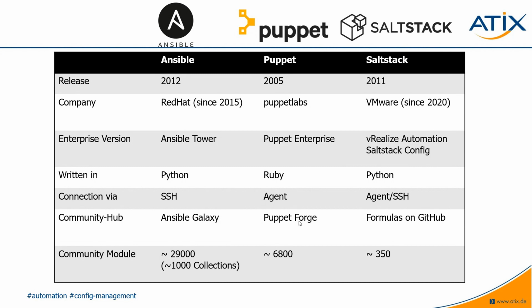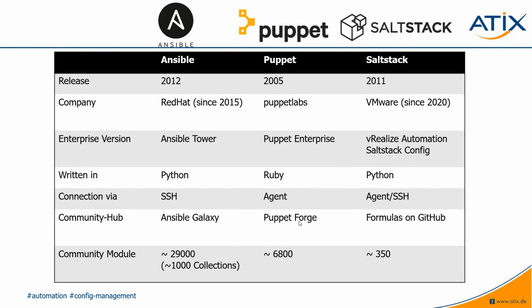And if we only look at numbers, the amount of community modules available in Ansible, which is the Ansible Galaxy, is around 30,000 roles, and from those, 1,000 are collections. So they changed a bit how to share those roles and code, and implemented collections.